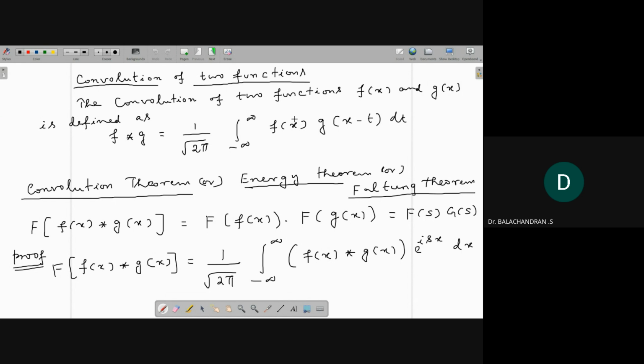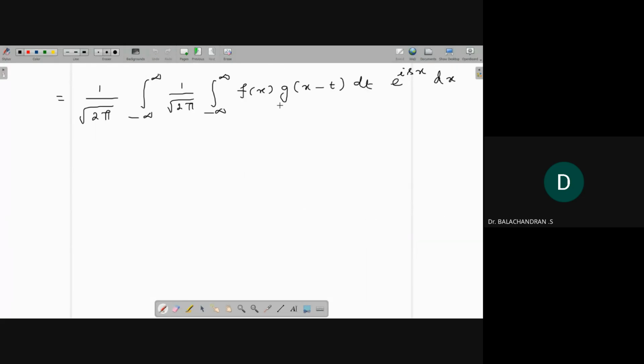Here it is not x, this should be t: f of t into g of x minus t. So in the next line also this should be t, f of t.